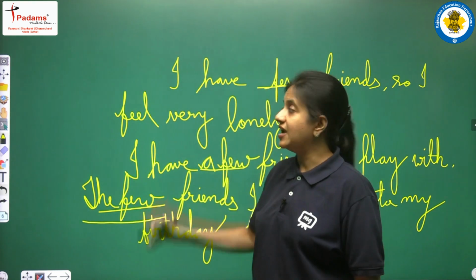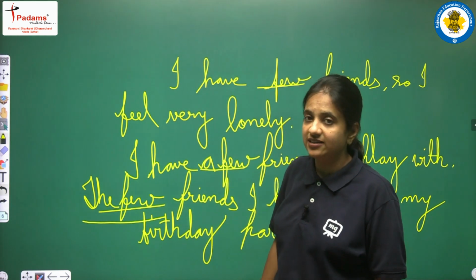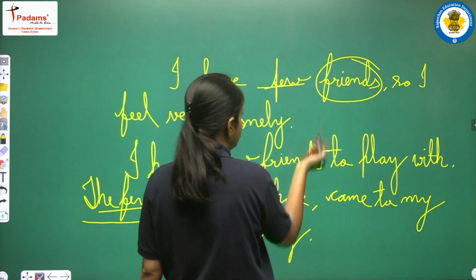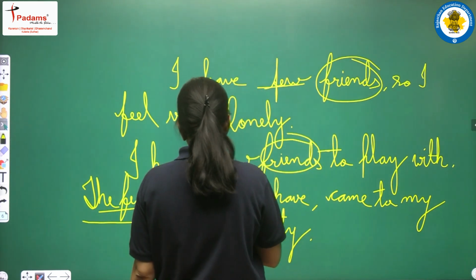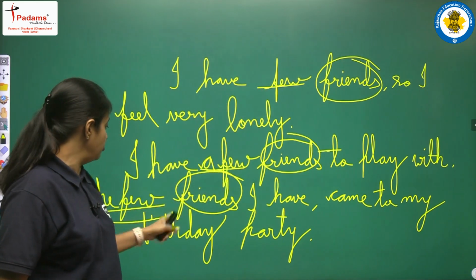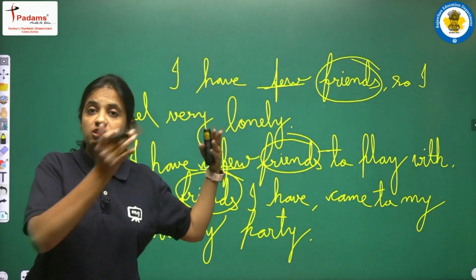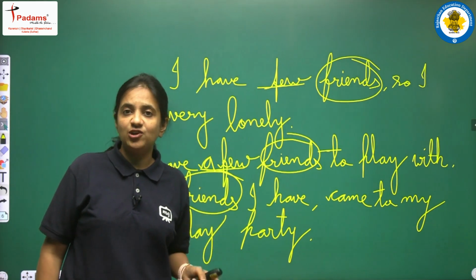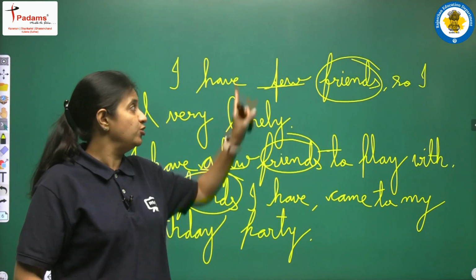So students, here we are having three different kinds of sentence. We are having the same subject here, or we can say the same noun here, friends, and in this sentence also we are having friends, but we are having few, a few and the few. Why? Because of the meaning of the sentence. So just learn this thing that whenever we are trying to give negative sense, then we have to use few.